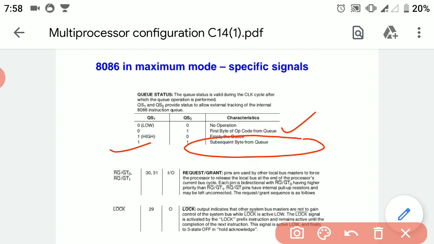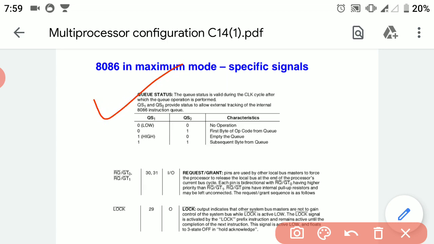At the earlier state we are fetching the first byte of opcode from the queue, and from the last condition we are fetching subsequent bytes from the queue. So these conditions actually occur when we are operating in the maximum mode. Otherwise the queue operates normally.